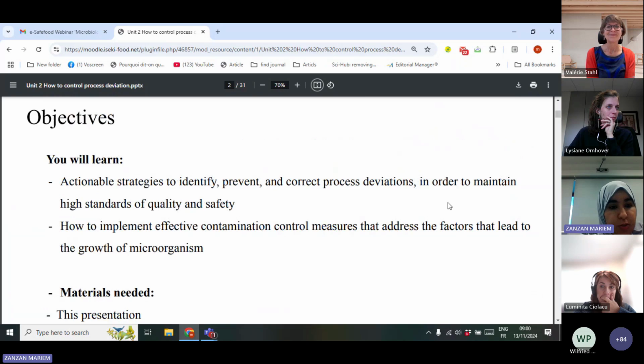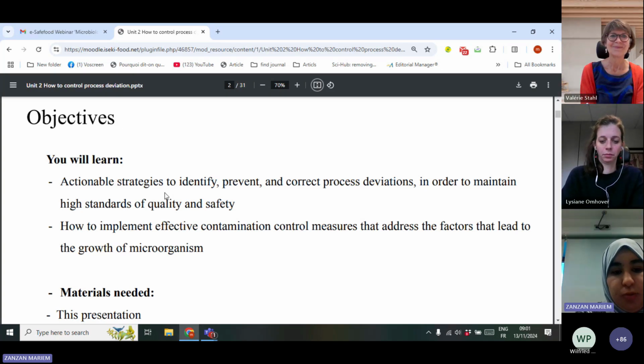So let's focus on what we will learn during this presentation. You will understand how to identify, prevent, and correct process deviations in order to maintain a high standard of quality and safety, and also the different actionable strategies to anticipate or prevent any irregularities earlier. In addition, we will learn different steps for reducing microbial contamination.